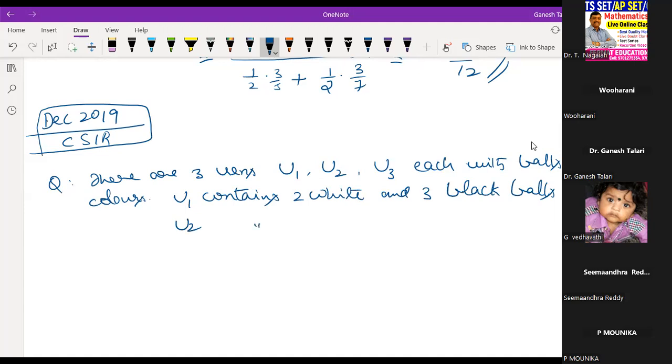Then U2 contains 3 white and 2 black balls. Then U3 contains 5 white and 5 black balls. Got it?